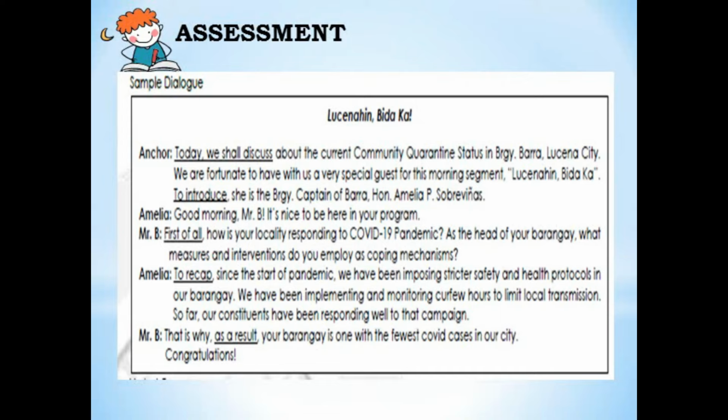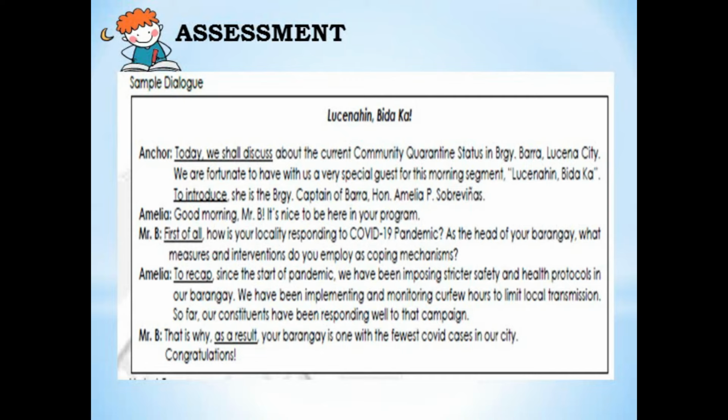To introduce, she is the Barangay Captain of Bara, Honorable Amelia P. Sobreviñas. Amelia: Good morning, Mr. B. It's nice to be here in your program.